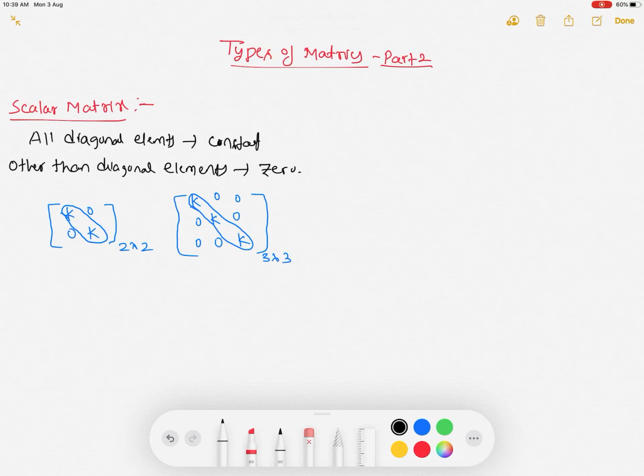This is a very important thing: a scalar matrix should first be a square matrix. Only then can we call that matrix a scalar matrix.